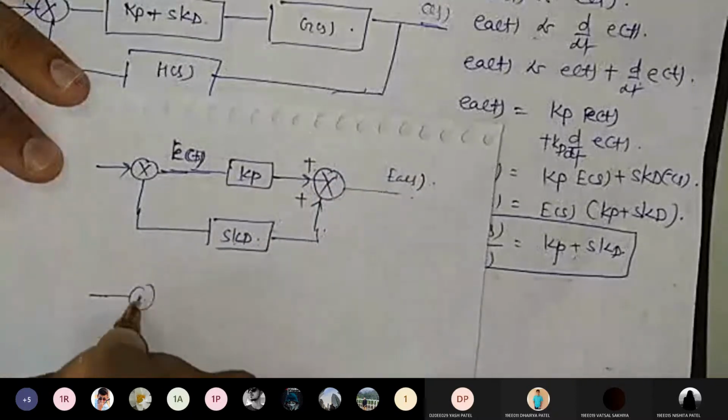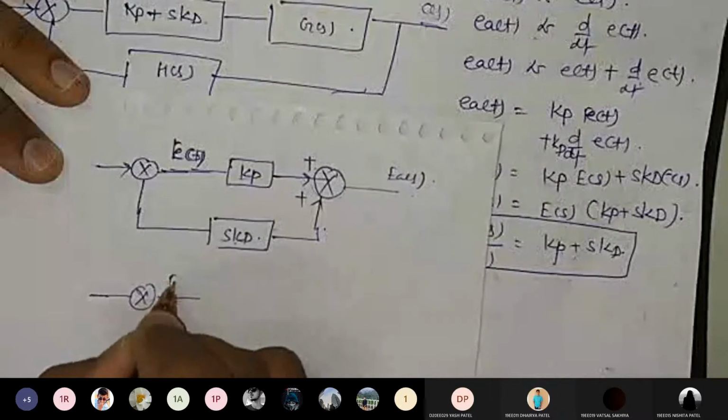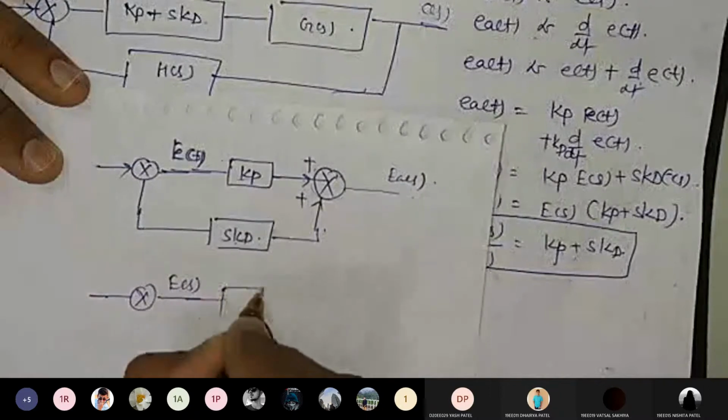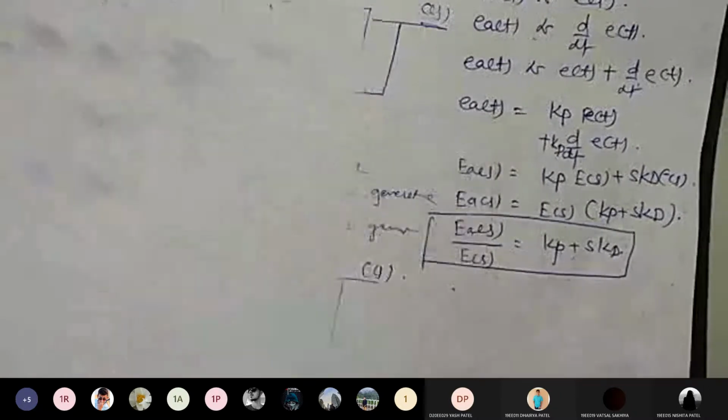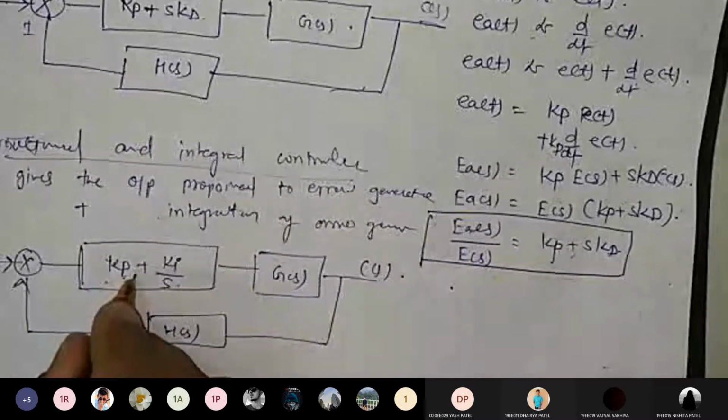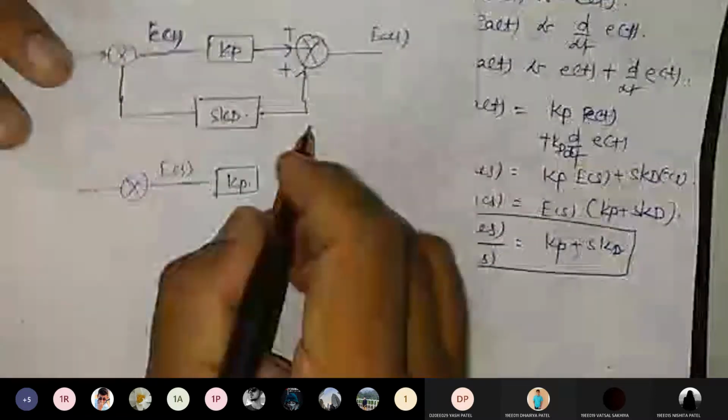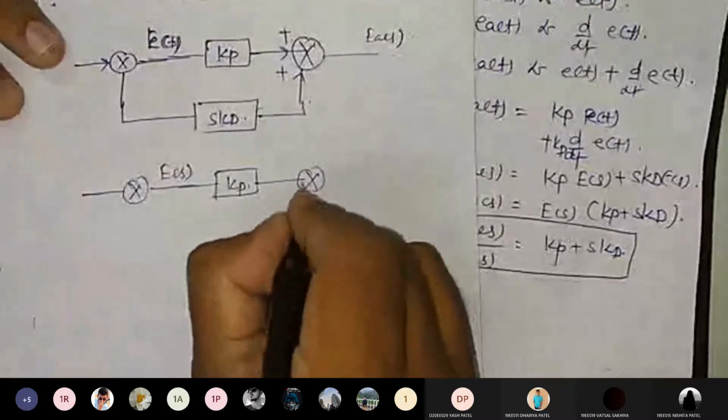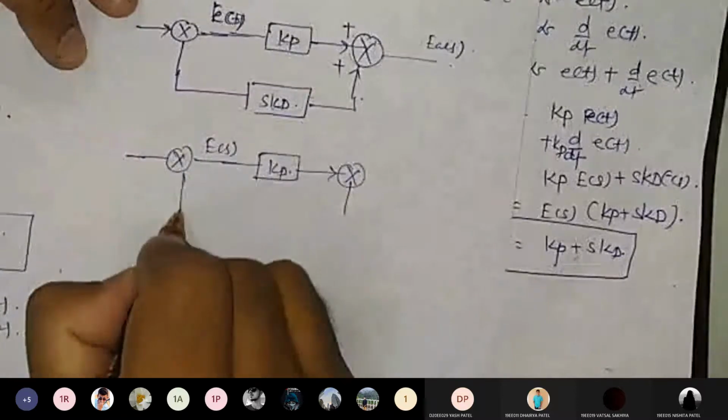Similarly, for integral control, here we are having E of s. Again, the output is Kp plus Ki by s. So the output will be having one summing point.